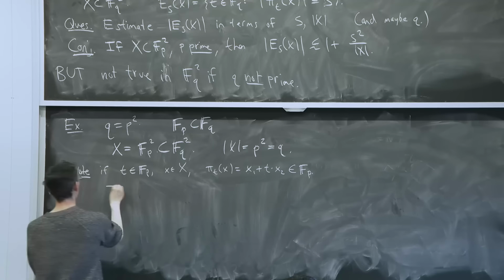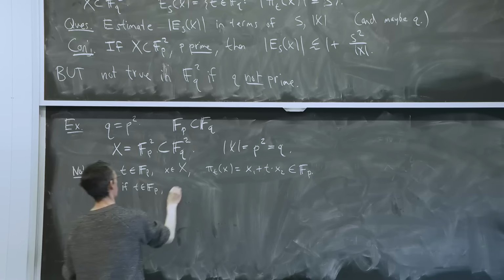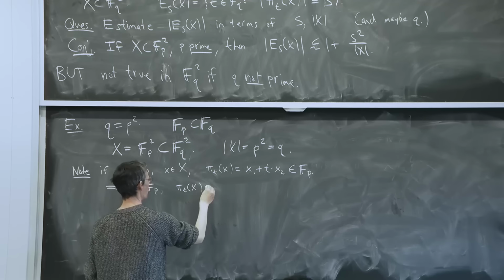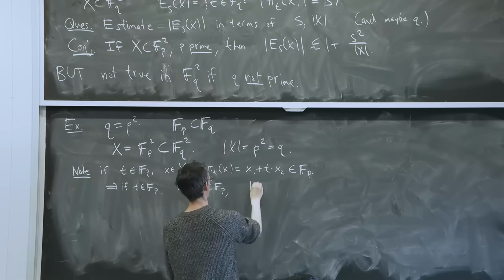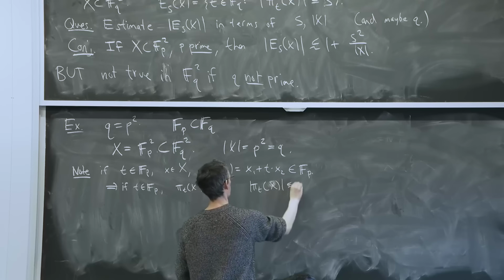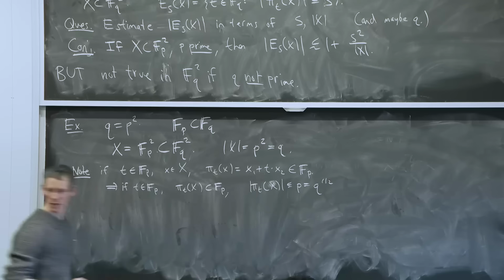So that tells me that if t is in Fp, pi_t of X is contained in Fp. It's actually all of it. And so the size of pi_t of X is at most p, which is q to the half, which is much smaller than the size of X.